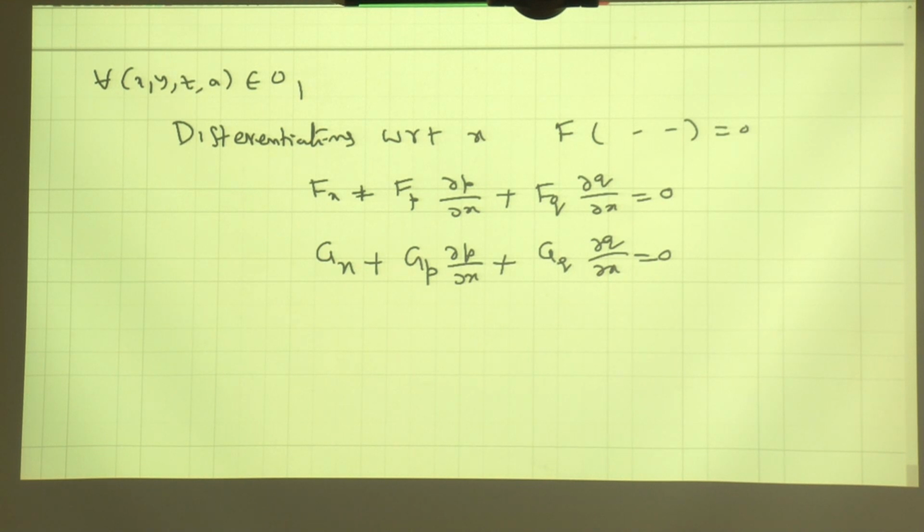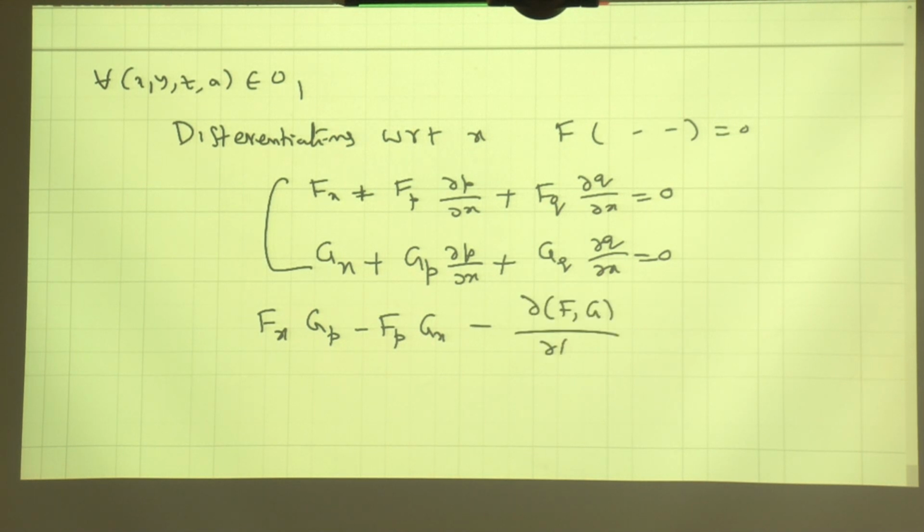Now differentiate with respect to y. Okay. Now from here we can get some expression from these two. I will just do this and say the rest is the same. From here we get an expression: Fx Gp minus Fp Gx minus the bracket of F, G with respect to p, q, into dou q by dou x equal to 0. This implies this.